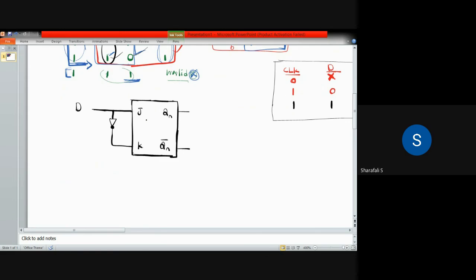You can go back and check the working of this JK flip flop. We already discussed that. In this way also we can have the same kind of scenario, whatever we have discussed in case of SR flip flop.